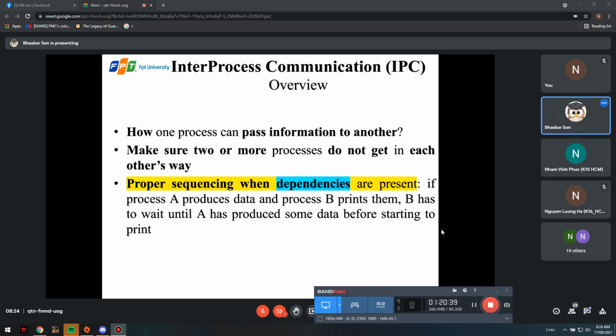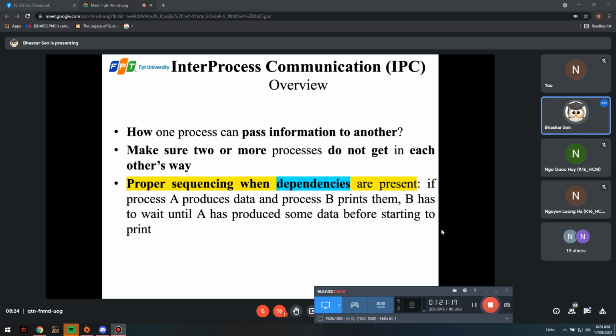So there's a dependency there, and if you want to get the proper output from the printer, you must apply proper sequencing. If suddenly they overlap, for example program B starts running a fraction before program A could update the value of y, then what will happen? Will there be a traffic jam?